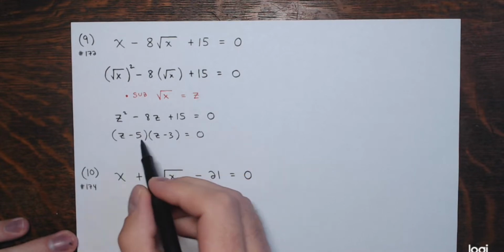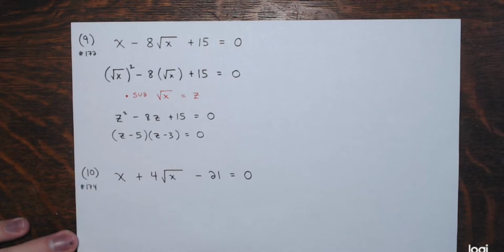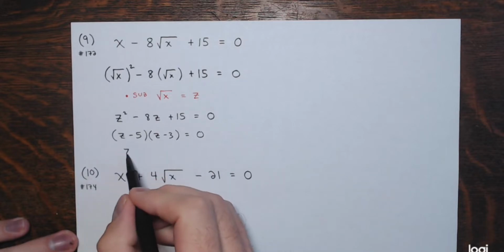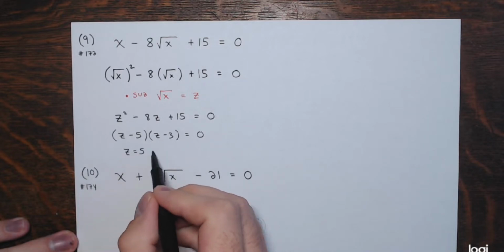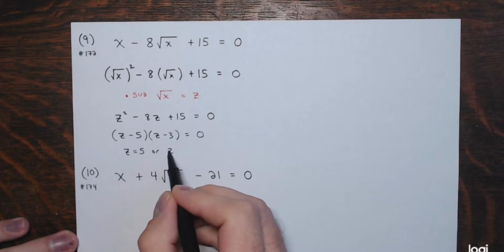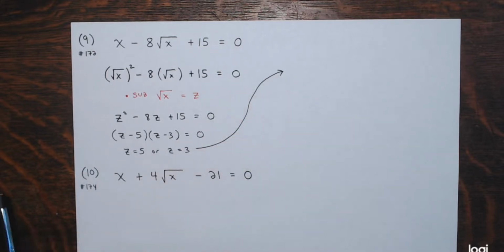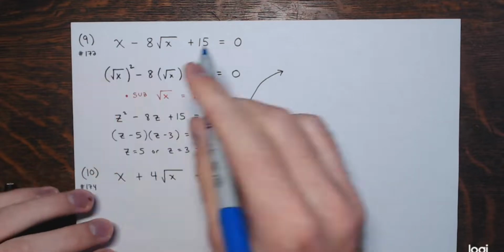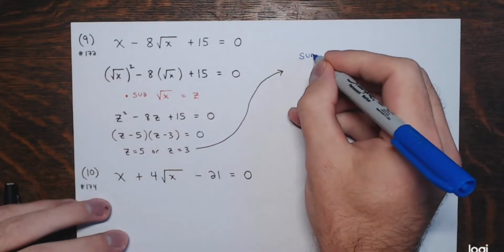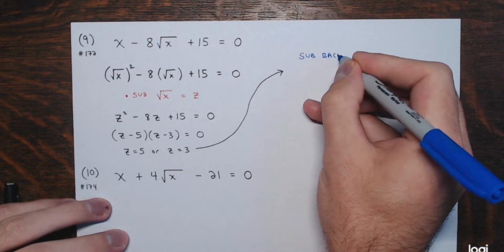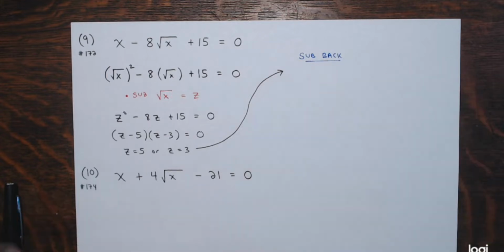So the solutions of this quadratic equation in z are z equals 5 and z equals 3. But I don't want to solve for z, I want to solve for x, the original variable. So we're going to sub back. And remember that z represents the square root of x.